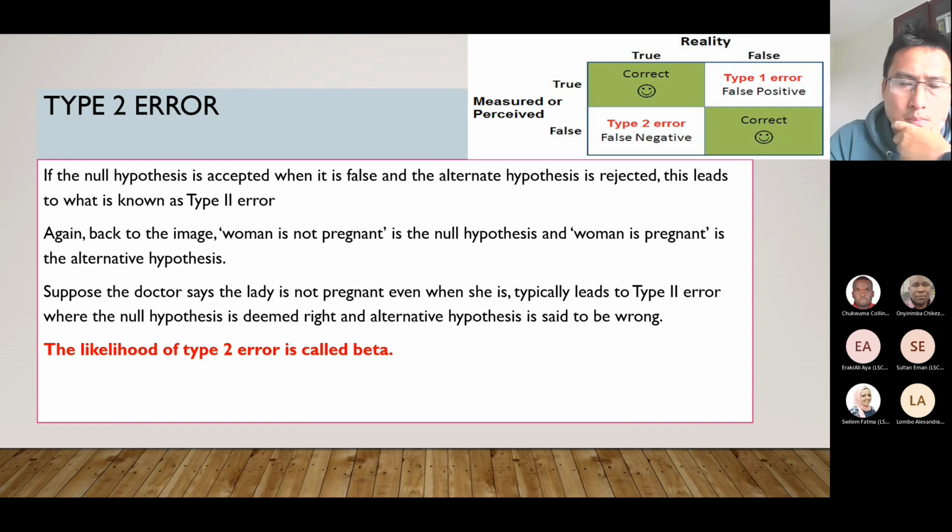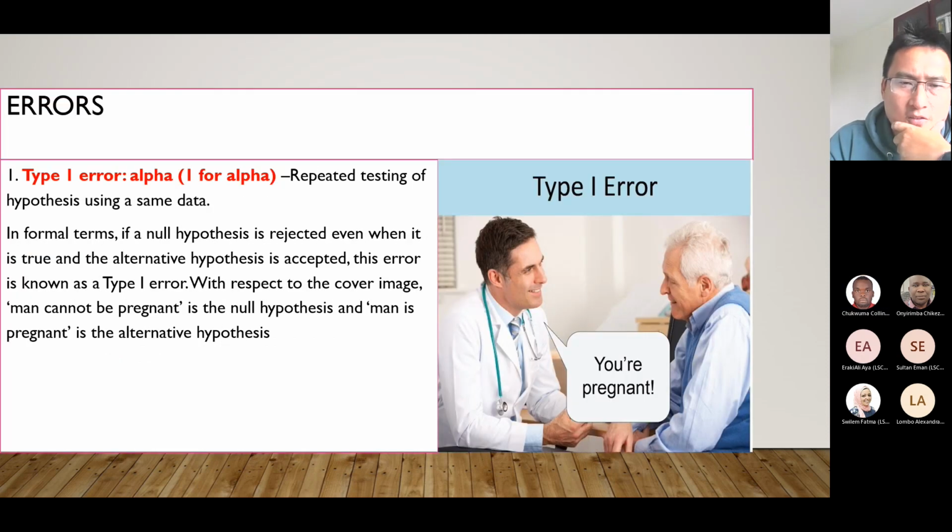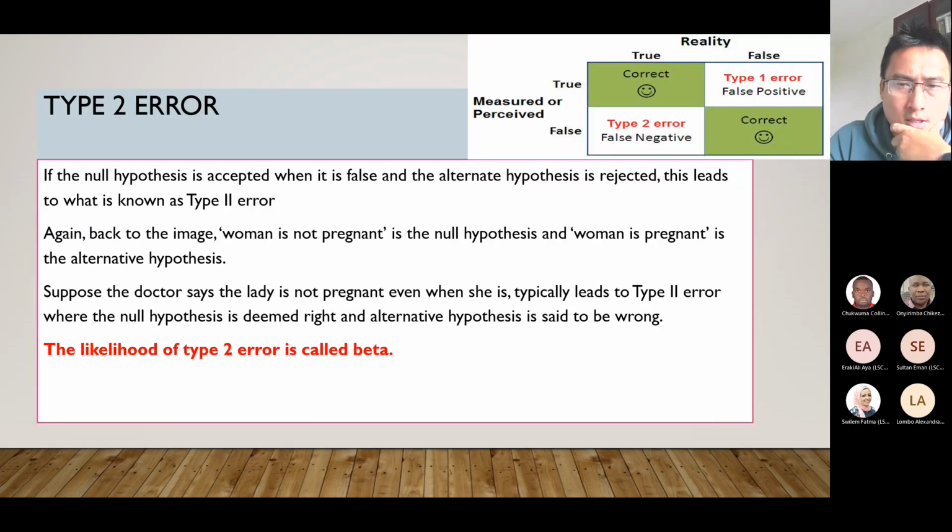Okay, so don't go with this hi-fi picture and everything. The more you use your brain, the more confused you get. The easy way to remember in the exam is anything to do with false positive is type 1 error. Anything to do with false negative is type 2 error. Type 2 error is also called beta. So just keep that in mind. Another name for type 2 error is beta.